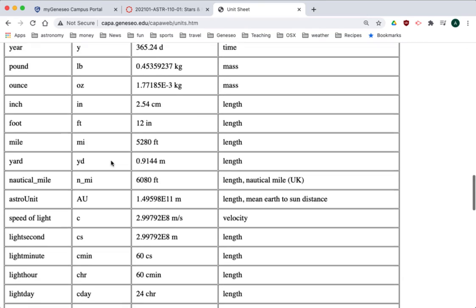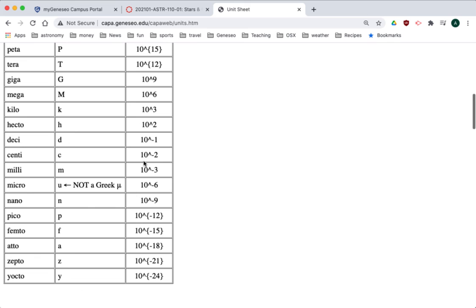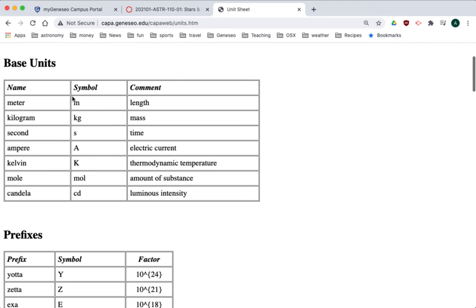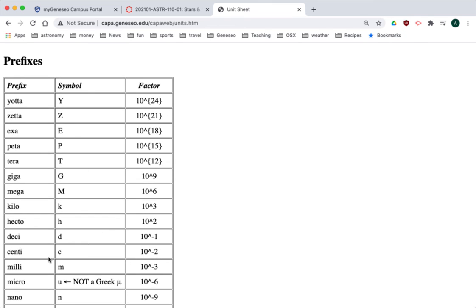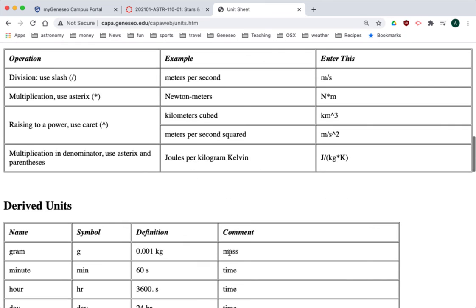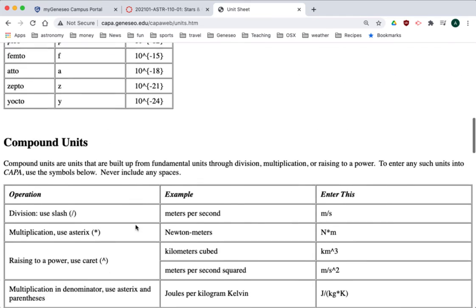Every single one of these units can also use any of the metric prefixes. So we used centimeters before, and that used the actual unit meters with the centi prefix, which means 10 to the minus 2. So any of these, you could do a centigram or a megaminute or whatever.